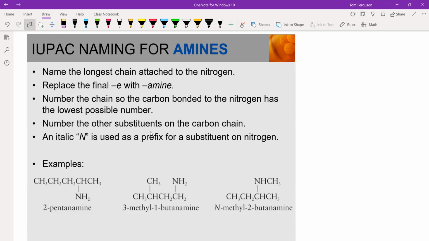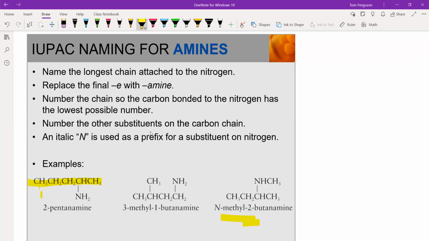Now, one thing that's a little different than naming alcohols is that you can have stuff attached to the nitrogen. If we look at this guy here, it's basically a pentane with an amino side chain on carbon number 2.